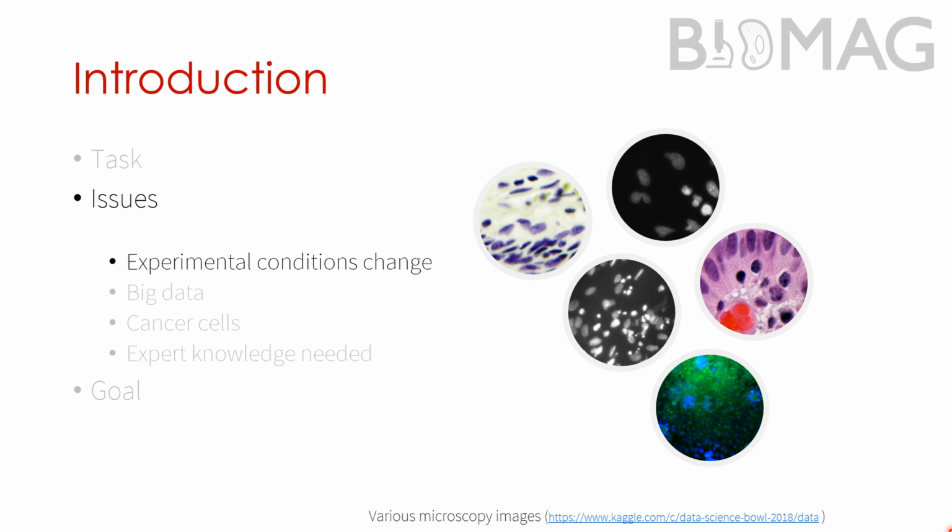Let's see what are the main issues in this task. Firstly, experimental conditions tend to rapidly change from one experiment to the other. If we consider these 5 examples here, we can see that these two correspond to histological tissue sections imaged in bright field mode, and the others are fluorescent cell culture images.